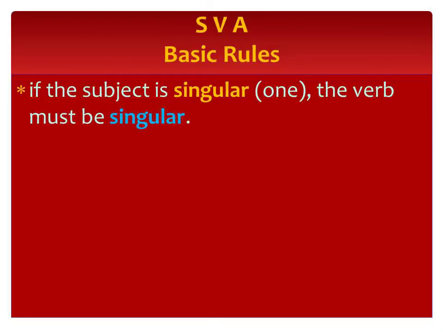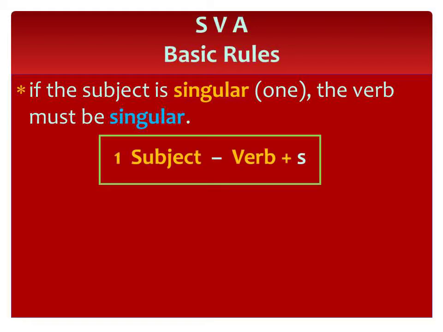Now, the basic rule that we need to know about SVA or subject-verb agreement is that if the subject is singular or only one, the verb must be in singular form. So singular subject with singular verb.